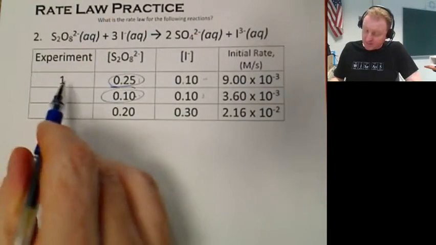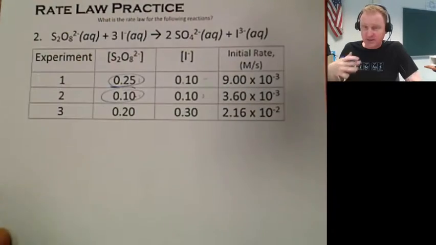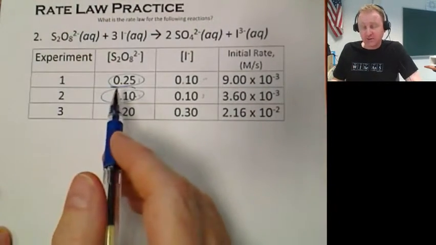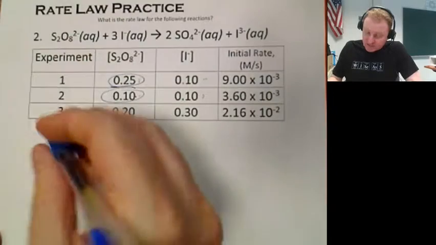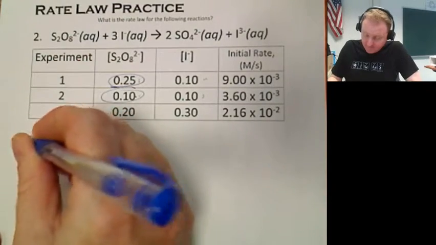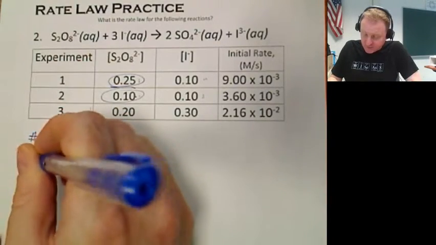And I'm going to put the larger number on top because I like it to end without being in fraction form. It doesn't really make a difference, but that's what I like to do. So I'm going to say experiment number 1 over experiment number 2.